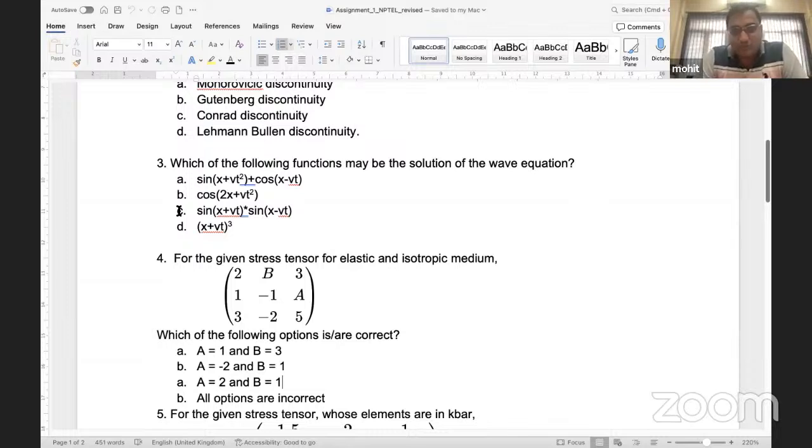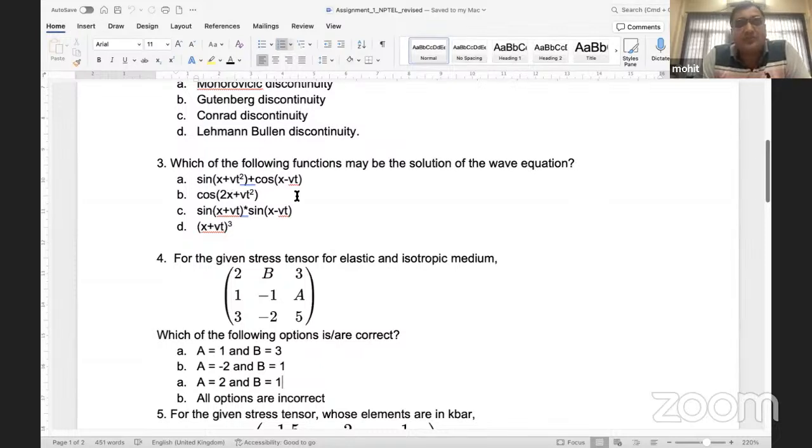If you look at option A, sine of (x plus vt) squared. You can see it is x plus vt squared, which is not a function of x plus or minus vt, so option A is not correct.